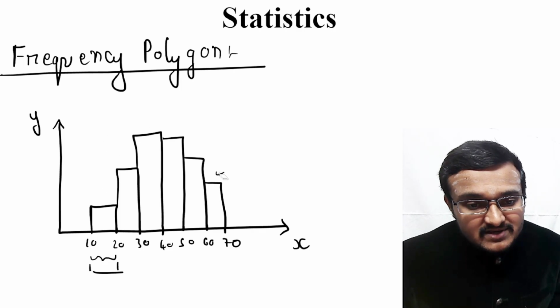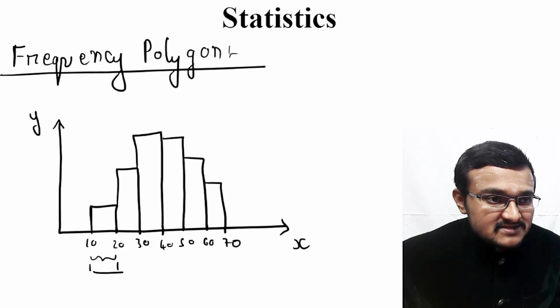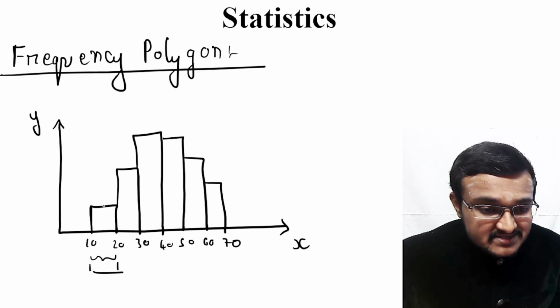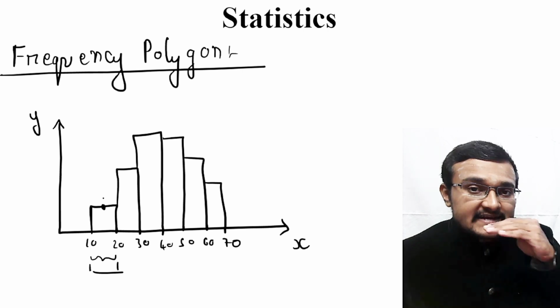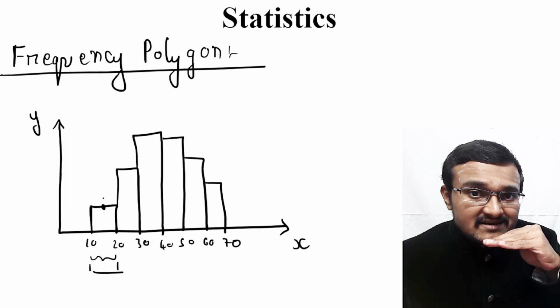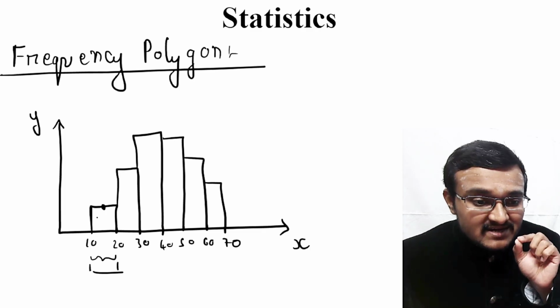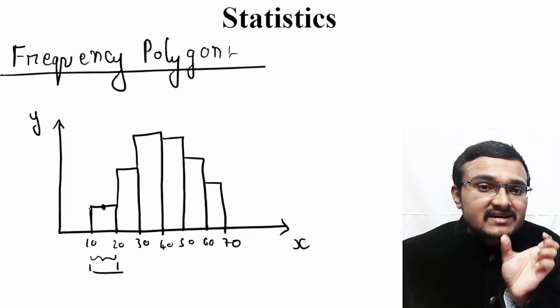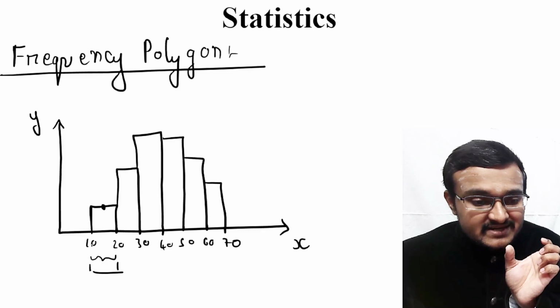For a histogram plot like this, you consider the middle point of the top of each rectangular bar, between the start and end of its range.